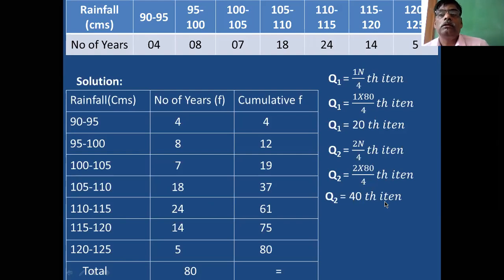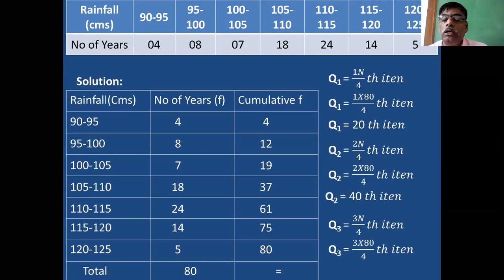The 40th frequency value is called Q2. And Q3 is equal to 3N divided by 4th item. That is 3 into 80 divided by 4 is equal to 60th item. The 60th frequency value is called Q3. Okay. These values we have to mark in the graph and ascertain Q1, Q2, Q3.